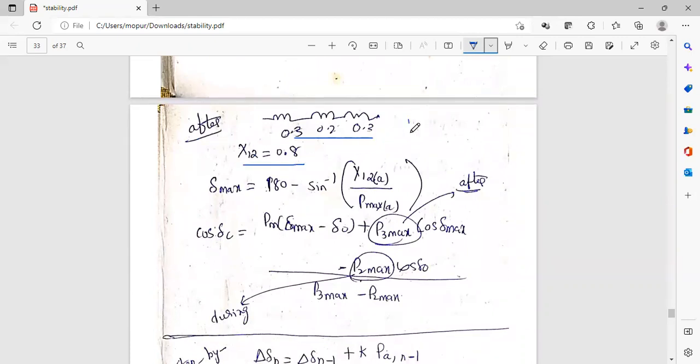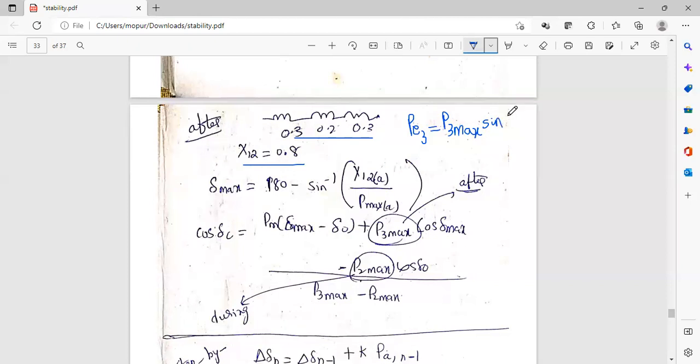So you will be finding again PE3 for this. PE3 is equals to, for after fault condition, P3 max sin del 3. This P3 max, how we will find?